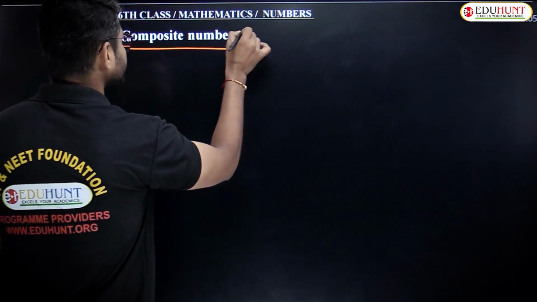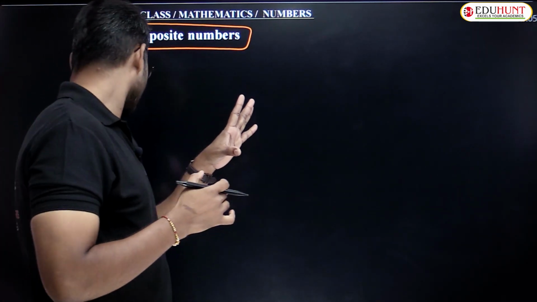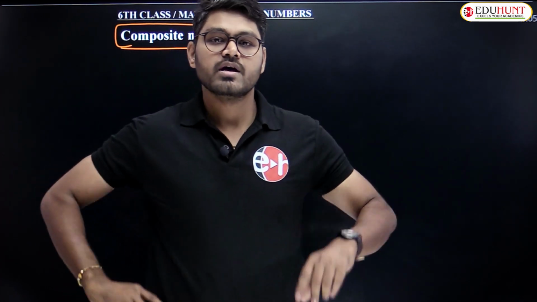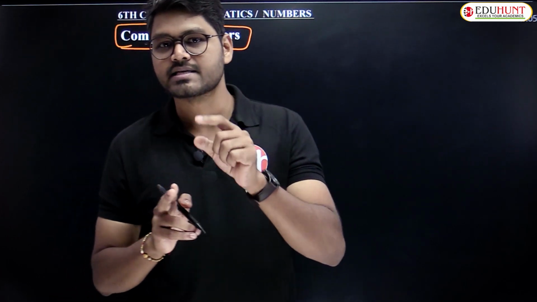Composite numbers. What are composite numbers? Composite numbers are numbers which have more than 2 factors. Prime numbers have only 2 factors, the number itself and 1.